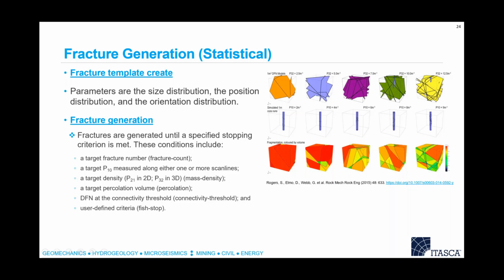So essentially we're getting more and more fractures, more and more fragmentation or creation of blocks. It just kind of gives you an idea. Here's an equivalent 3D measurement of those values. So we have a lot of control over how we want to generate that. We can create multiple instances of the DFN so that you get a sense of sensitivity of your system.